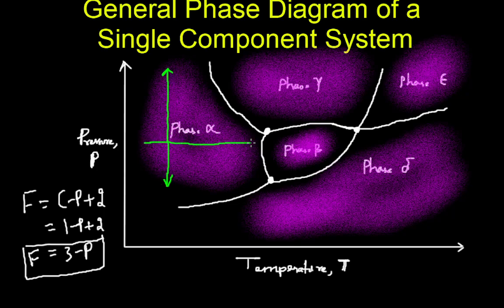You can change temperature over a large range and yet you can still remain in that phase. By changing the temperature, you need not go to the next phase. That is what it means: over a certain range you can vary both pressure and temperature and yet remain in the same phase.